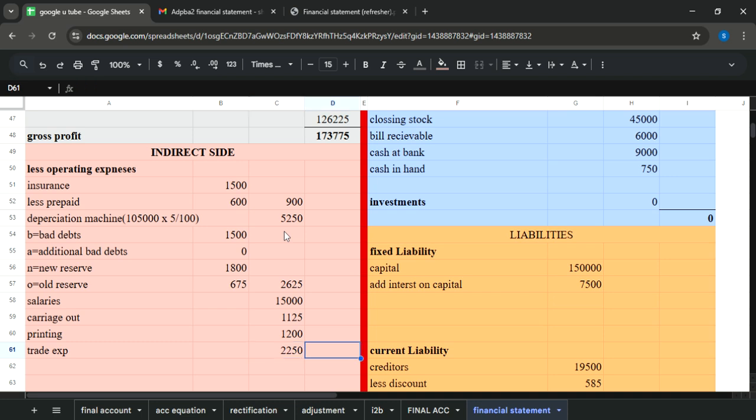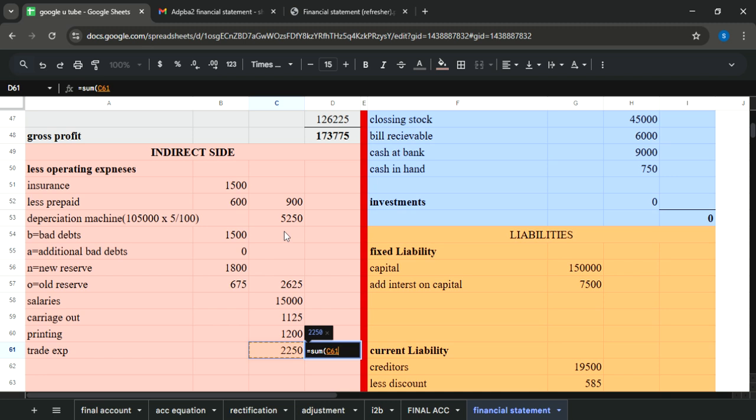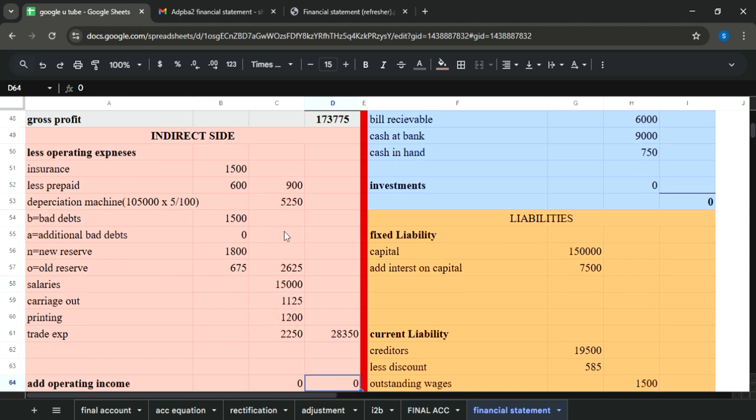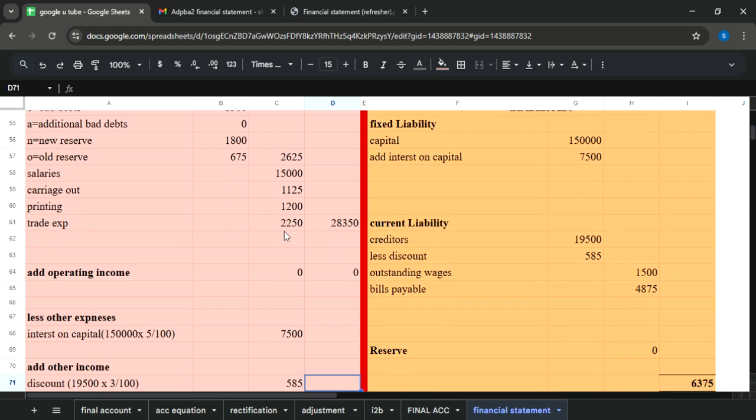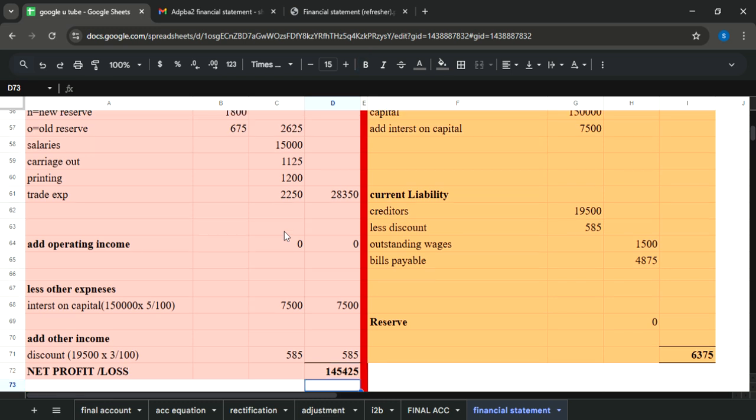We are now ready to get the sum of operating expenses. This sum has been calculated. There is no operating income and we have other expenses, only one item 7500, and then we have other income, only one item 585.